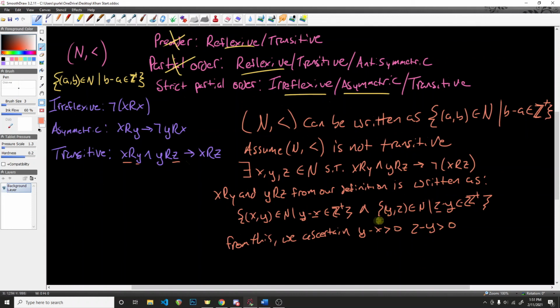And all we need to do is move these over algebraically, at which point we're going to say that y is greater than x, and z is greater than y. All I've done here is take y minus x is greater than 0 and move the x onto the right side. It does not change the relation. Same thing here with z minus y is greater than 0. I'm just moving the y onto the right side. If you add it to both sides of the inequality, you're not changing the actual relation.